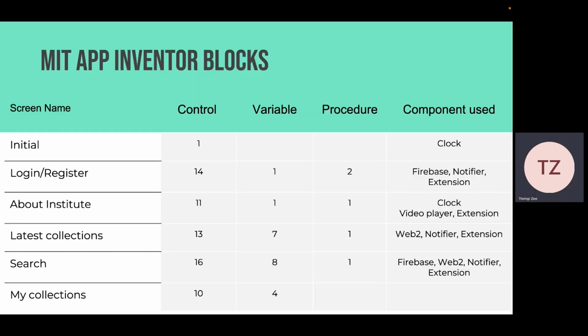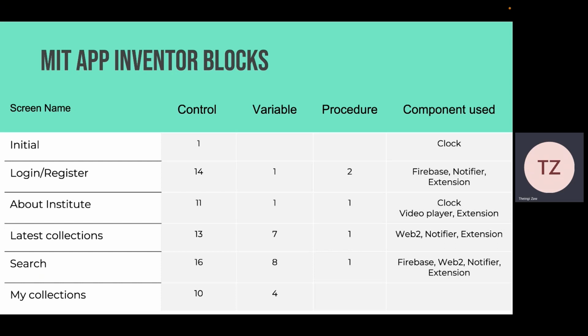As part of the project requirement, I'd like to explain which MIT App Inventor blocks are utilized for each screen. For the initialization screen, I use only one control structure, and the clock sensor to initialize the screen. For the login and registration, I use 14 control structures, 1 variable and 2 custom procedures.